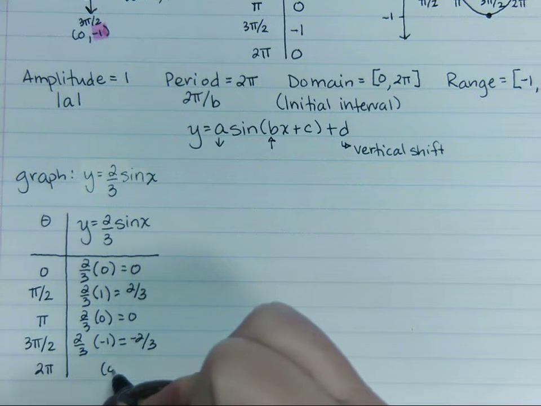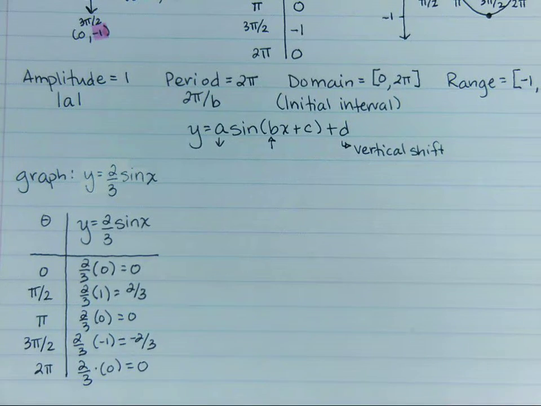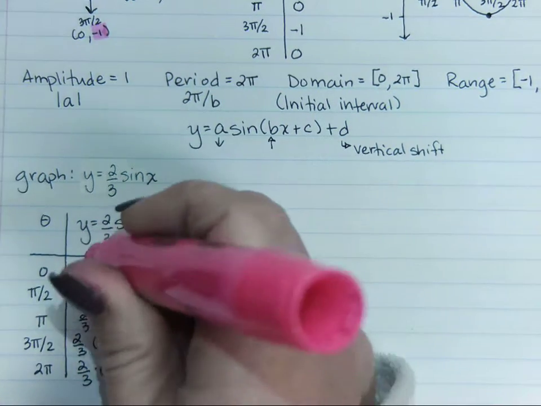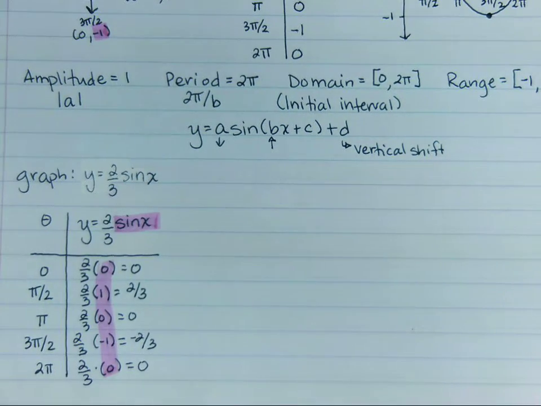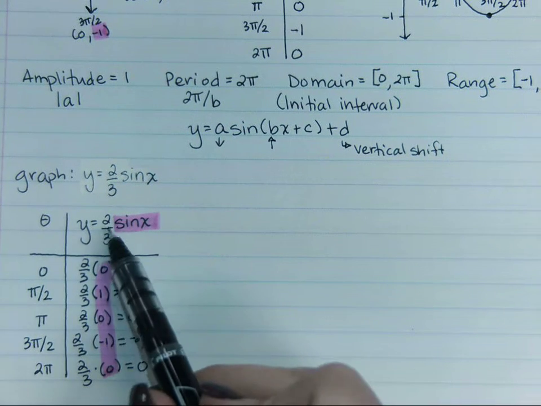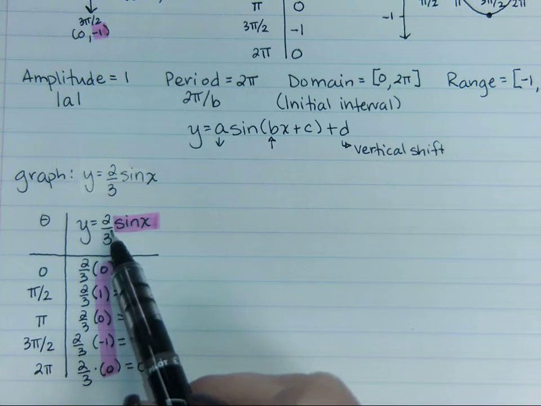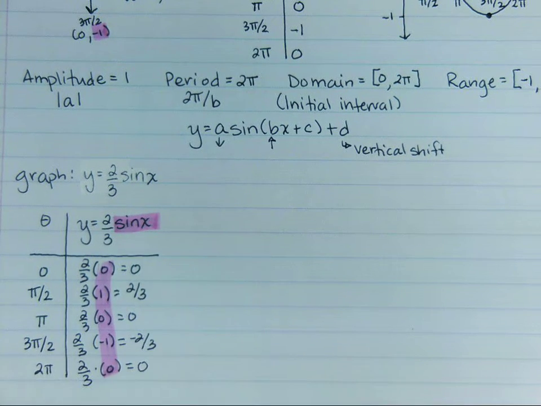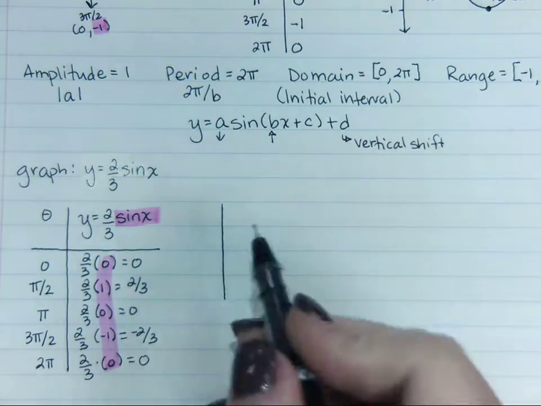And again, at 2 pi, it was originally 0, and I want 2/3 of 0, which is, again, 0. So all of these values right here were the original output values for sine. And when you have a number on the outside like this, whatever the operation is attached to that trig function is what you're going to still do to that trig function. And so now we're going to be able to graph a sketch of what those look like.